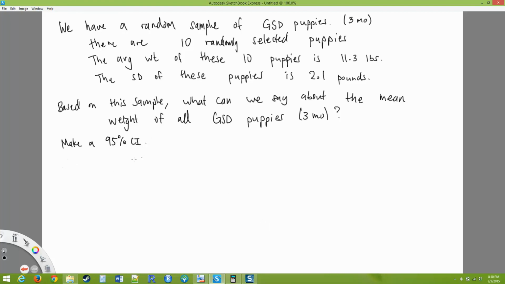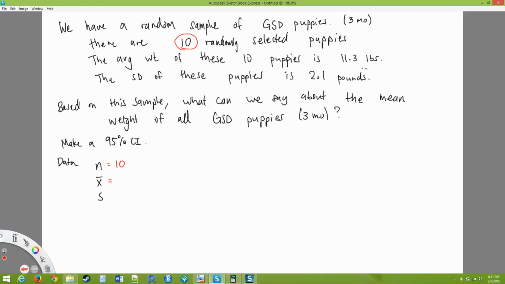Okay, so from our data, we need to have n, x bar, and s. So what is n? 10, right? So when we read our problem, n is 10. X bar is 11.3.